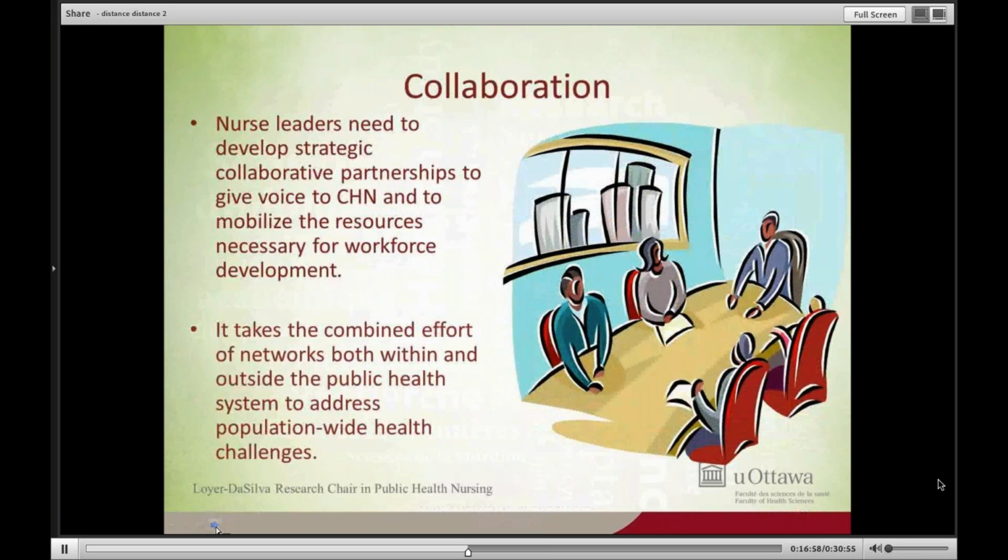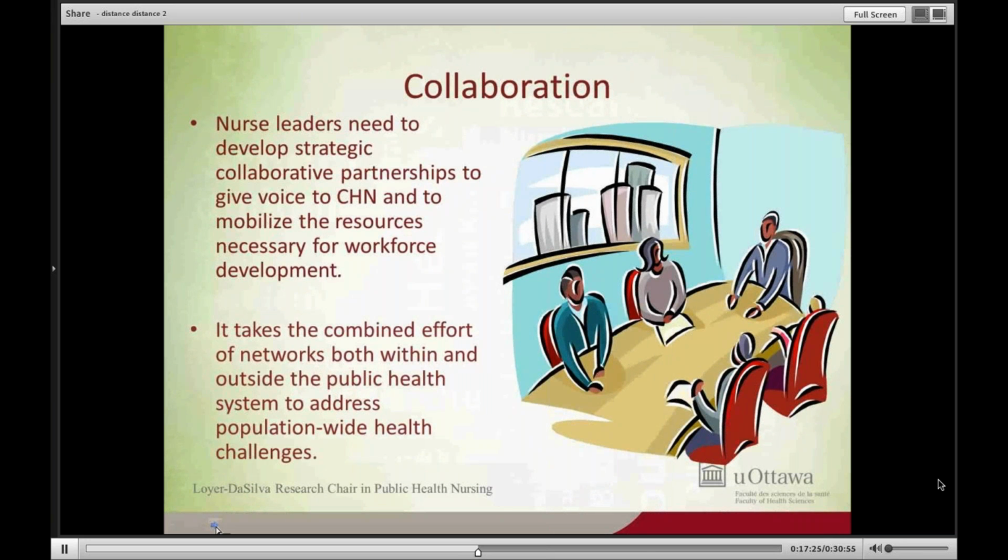We are also able to collaborate. As nurse leaders, we need to collaborate to develop strategic partnerships that would give voice not only to community health nursing, but to mobilize the resources necessary for the development of the workforce, and for addressing some of the challenges we face in our work.